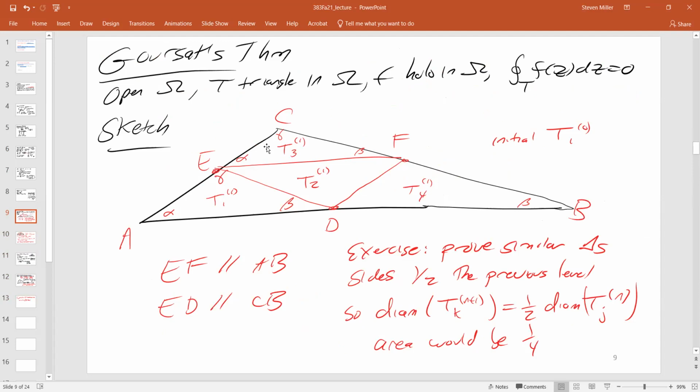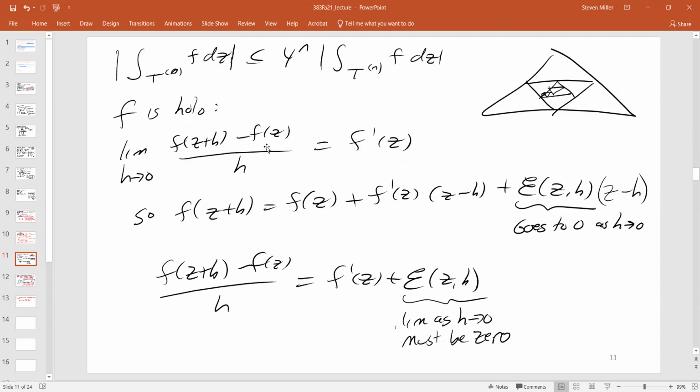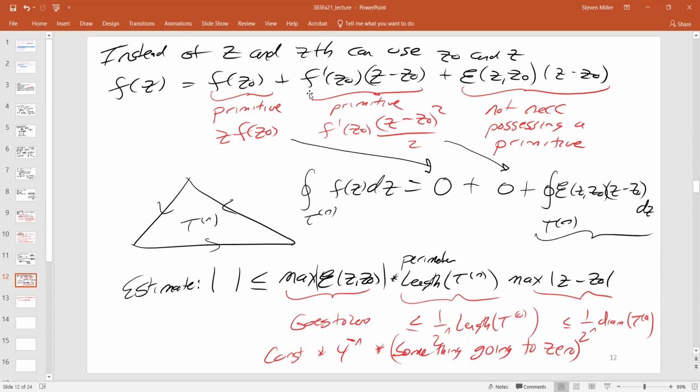And this is going back to the tangent line approximation, the tangent plane approximation. Locally, we're at a point. If you look at what happens when we Taylor expand things, well, we don't quite have a Taylor series. We have the beginning of a Taylor series. Because you're holomorphic, we start off like this, plus a little bit of an error. And that z minus z naught that's present there is going to still be small. And so that's going to give us this little extra bit that we need.